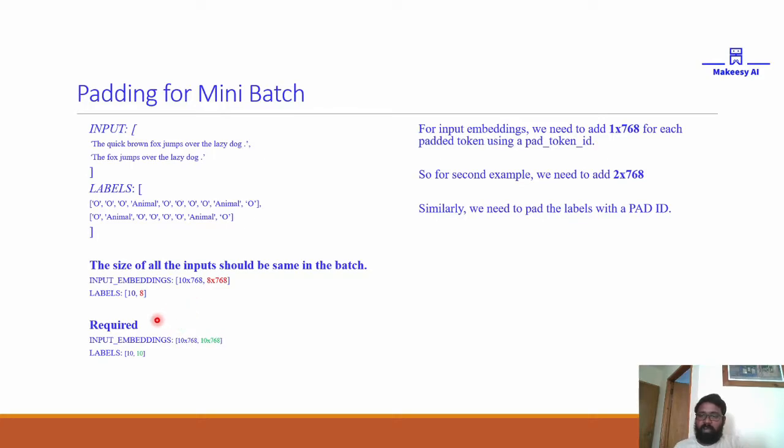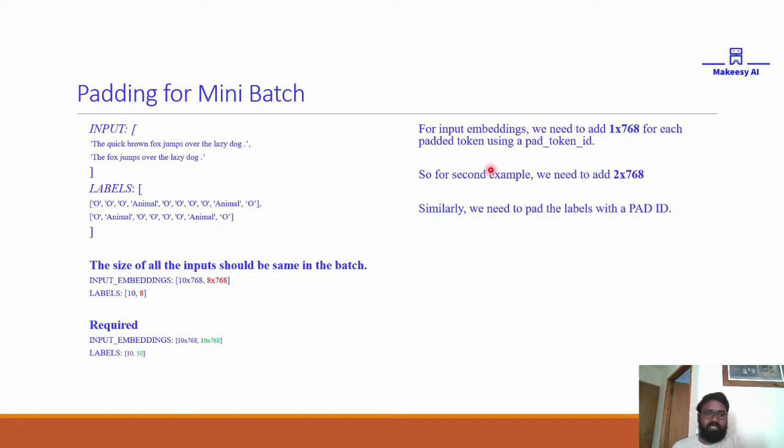The required embedding dimension should be 10 cross 768 for each and every input sample in a particular batch. So here we need to add 2 cross 768 to the input embedding and two extra padded labels to the labels as well.